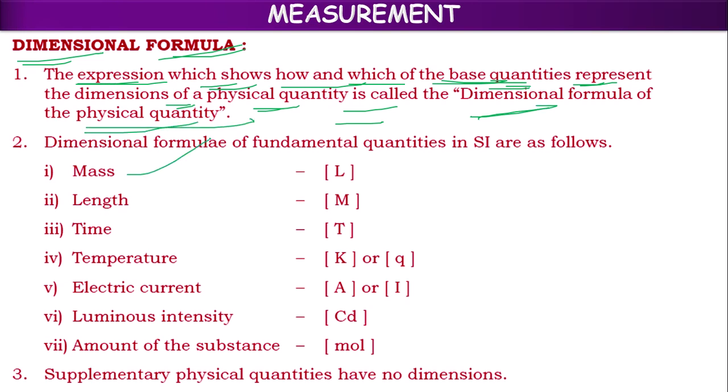For mass, change it to M, children. In square brackets we have to enclose M. For length, in square brackets we enclose L. For time, T. Temperature, K, or sometimes Q. Electric current, A, or sometimes I. Luminous intensity, in the square bracket, cd.